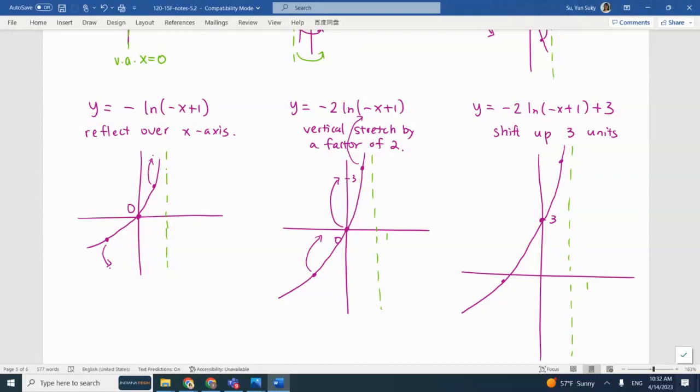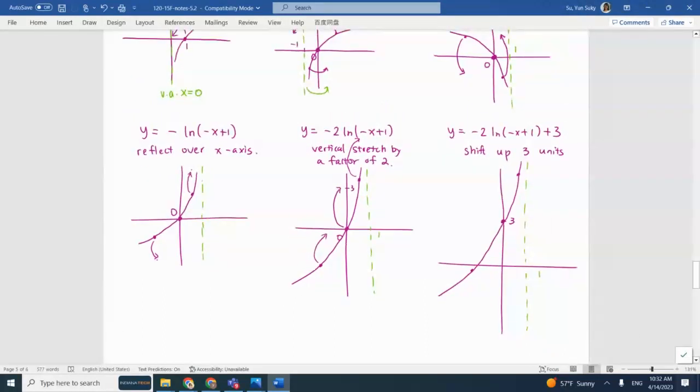Okay, and for this kind of problems, the question also asks you find the domain and find the range. Do we have vertical asymptote? Do we have horizontal asymptote? Okay, look at the domain. Domain is you project your graph on the x-axis.